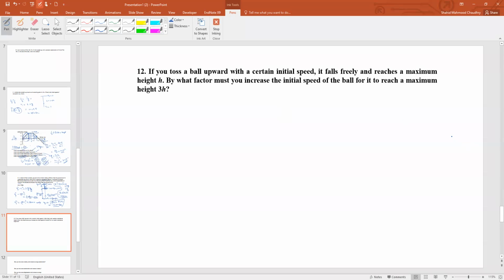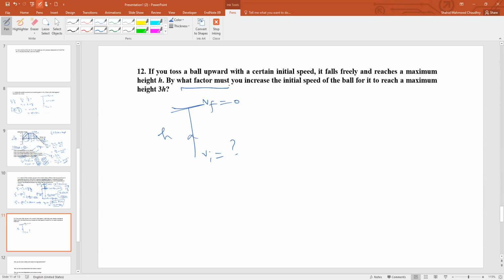So here you can see, if you toss a ball upward with an initial speed vi, we don't know this speed, and it reaches a maximum height h. Remember, when the question says maximum height, then the final velocity will be 0.